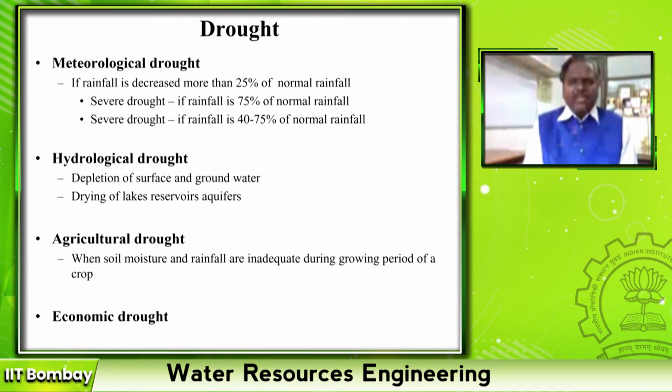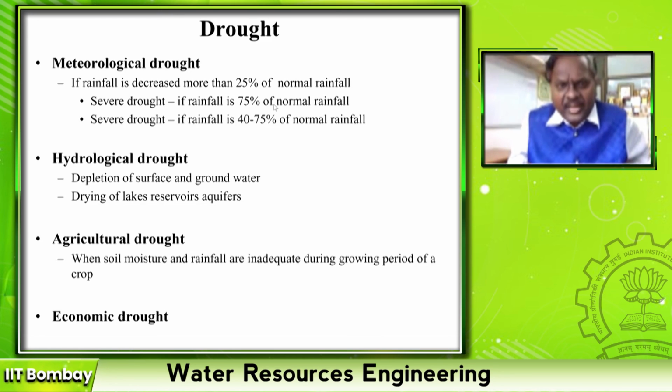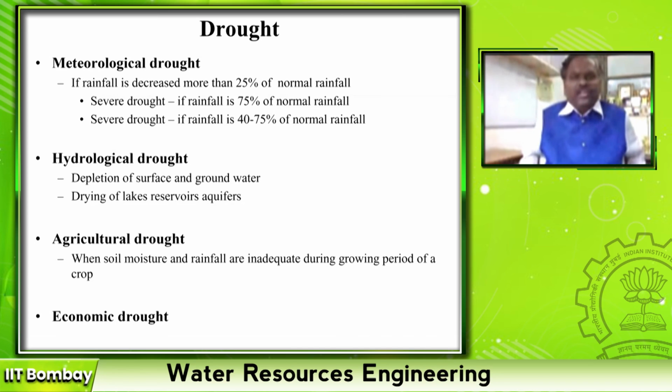In a particular year, if the rainfall is less than 25% of that normal rainfall, then we call that a drought period. If the percentage is between 40 to 75%, then we call that a severe drought. Okay, so that is called meteorological drought. This is normal, this is slight drought if rainfall is 75% of normal rainfall. Severe drought if rainfall is 40 to 75% of normal rainfall.